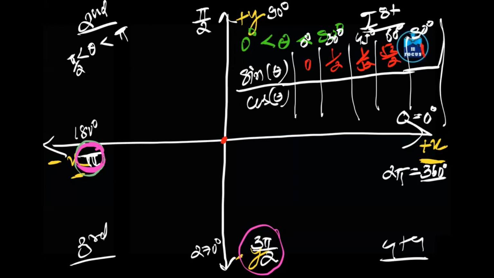And for cos, the values are 1, root 3 by 2, 1 by root 2, 1 by 2, and 0. Are these values already clear to you?